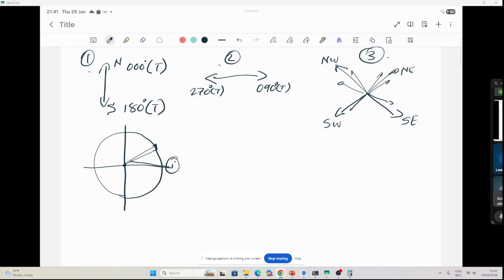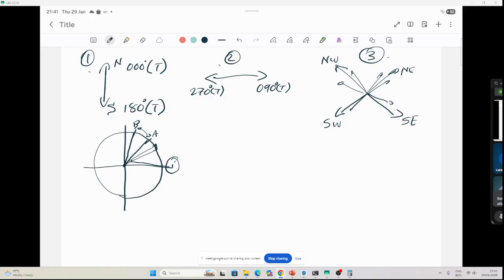We never show nautical miles in meters. We always show the distance as an angle. For example, if you are going from A to B, this angle will be your distance traveled, and that is in minutes, not in degrees. You have to convert the degrees into minutes. Are we clear?